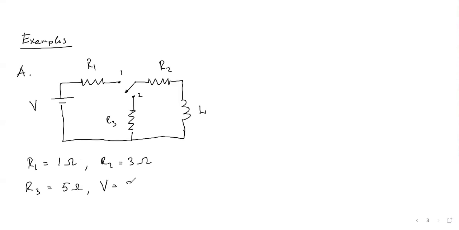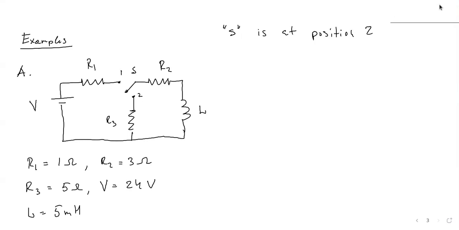The battery is 24 volts and inductance is, let's say, 5 millihenry. So I'm going to close this to position 2 for a long time. The switch is at position 2 for a long time.